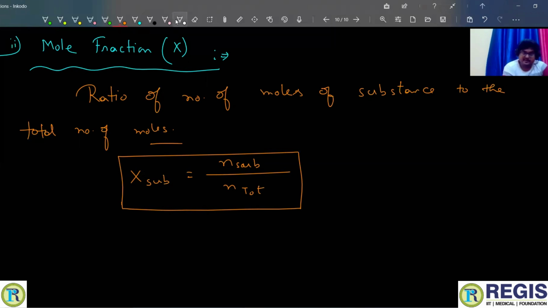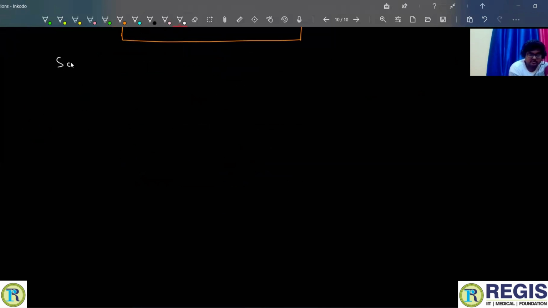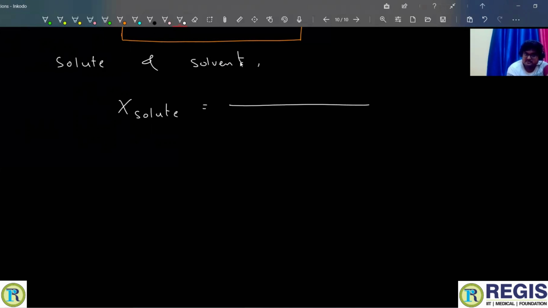Is it clear? Now next part. If solute and solvent are present in a solution, what is the mole fraction of solute? We can write number of moles of solute divided by n total.